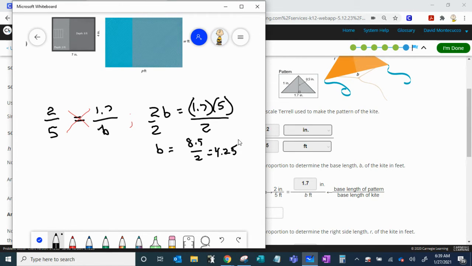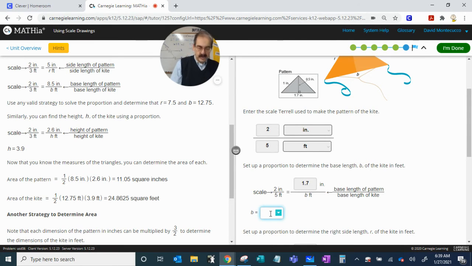Let's try the calculator here. 8.5 divided by 2, 4.25. So we could actually type that in, parenthesis, 1.7 times 5 all over 2.